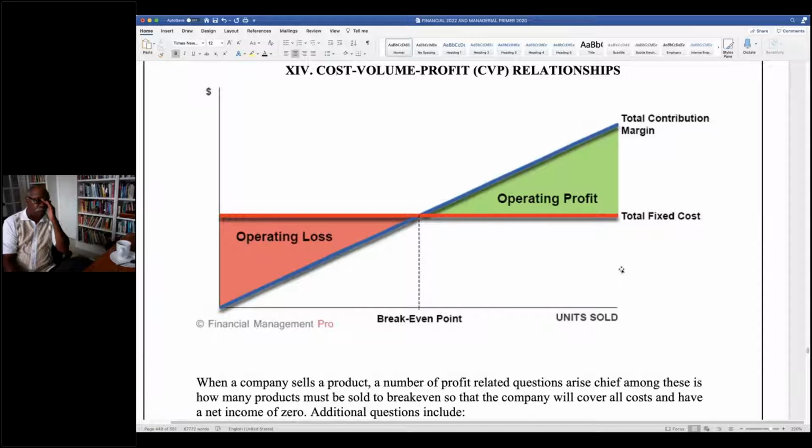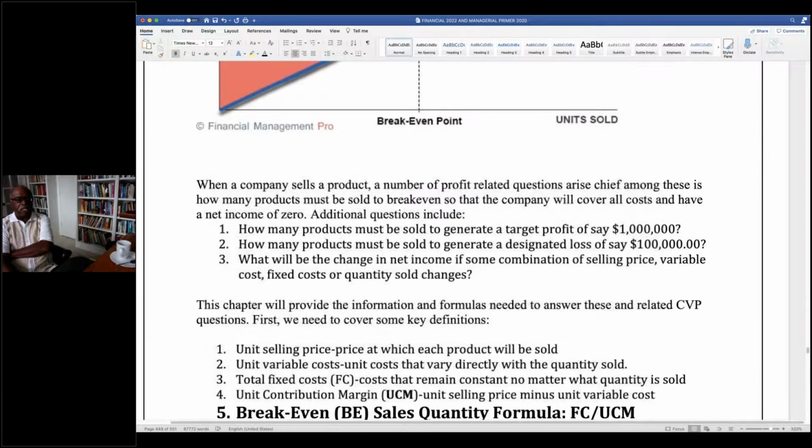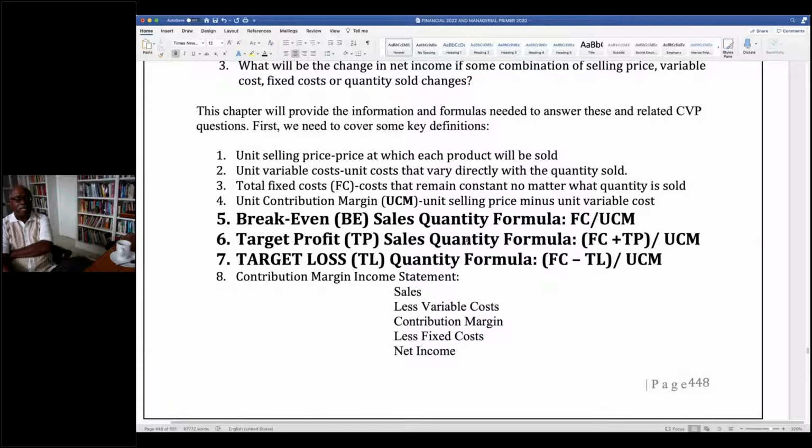And that's what you have to work at on your projects. The information and formulas in this chapter, you see 5, 6, and 7, memorize those formulas. Once again, 5, 6, and 7, memorize those formulas.